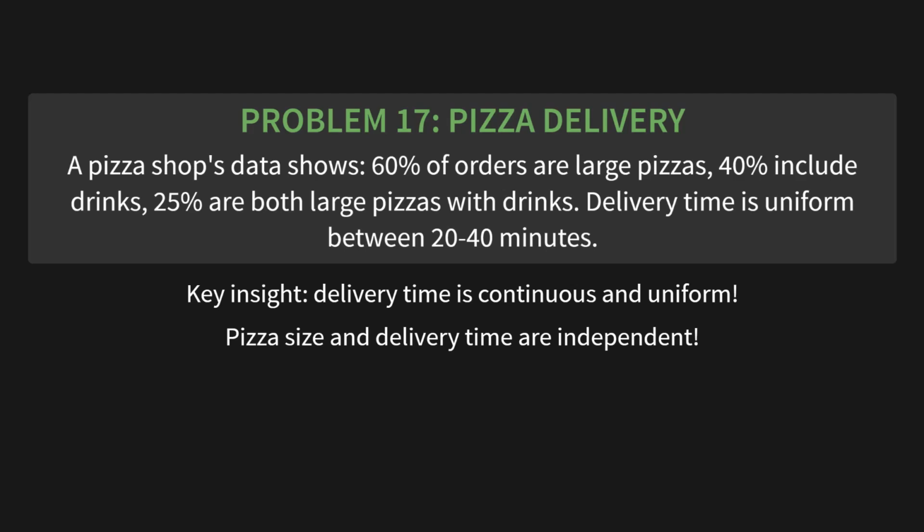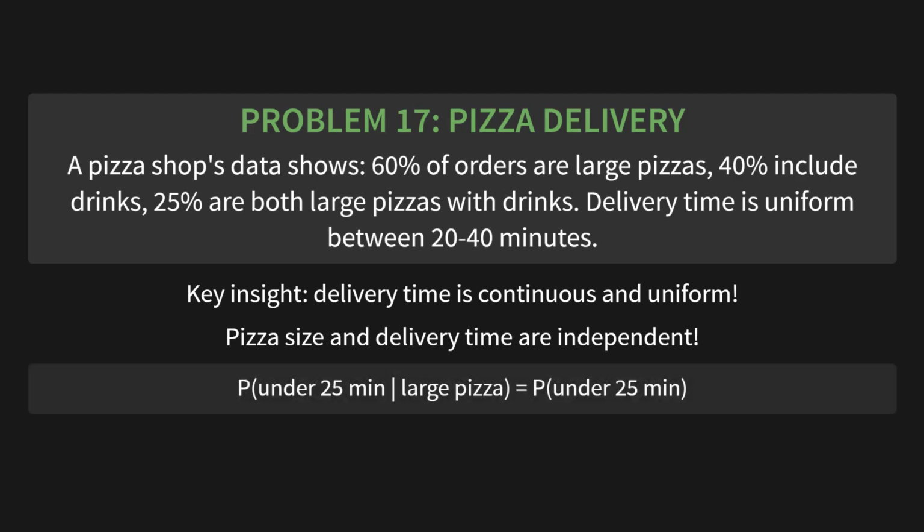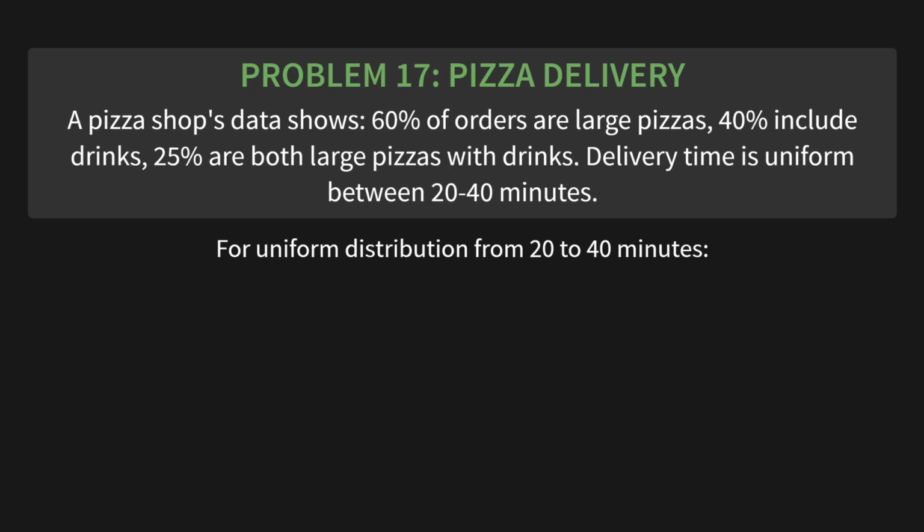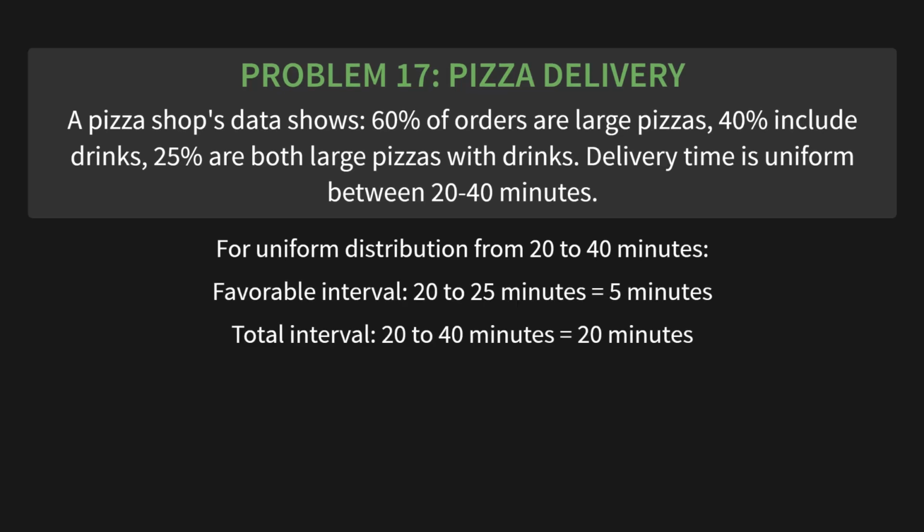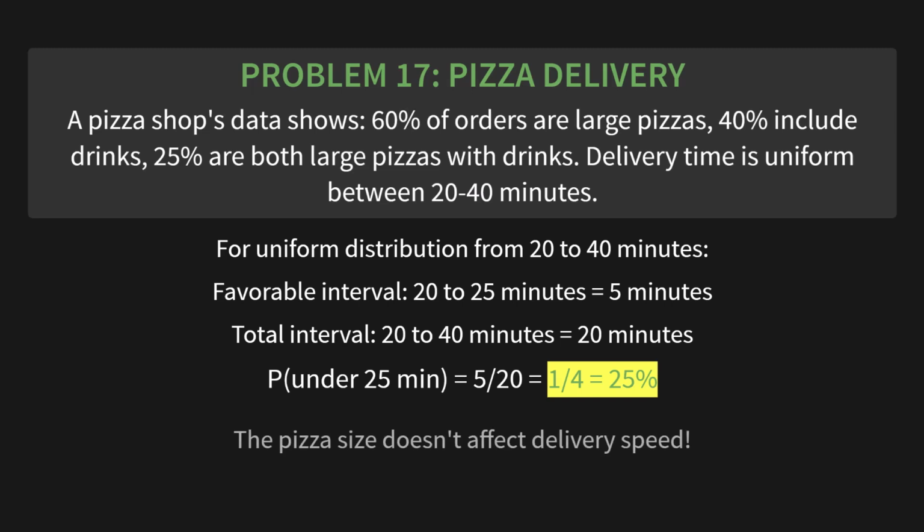A large pizza doesn't magically make the driver go faster or slower. Since they're independent, we just need the probability of sub-25-minute delivery for any order. With uniform distribution from 20 to 40 minutes, we want the first 5 minutes of that 20-minute window. 5 out of 20 equals 25% chance of quick delivery, whether you ordered a personal pan or a party size.